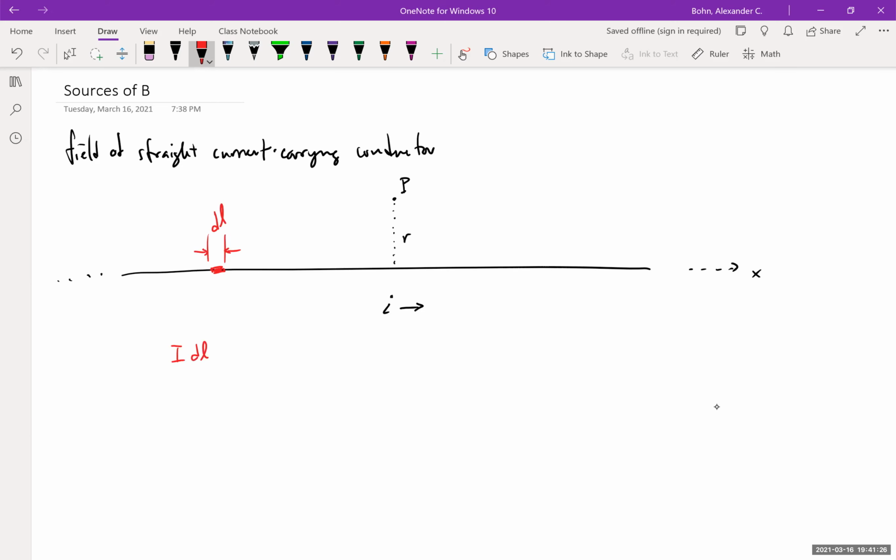I times dl. The point P experiences a magnetic field according to the law of Biot-Savart that we just wrote in the PowerPoint slide.